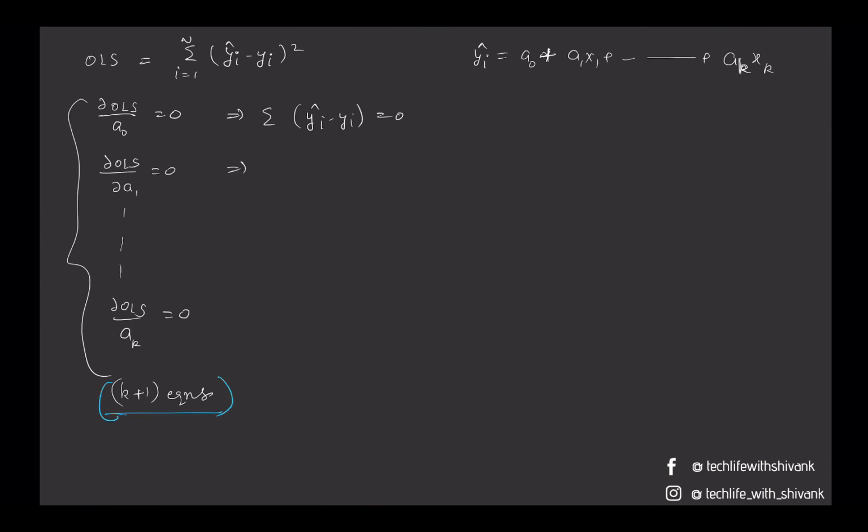This implies sigma x1i, which means the first feature for the ith training example, times yi cap minus yi is equal to 0. This implies sigma xki times yi cap minus yi is equal to 0, and hence in this way we get k plus 1 equations for n variables.